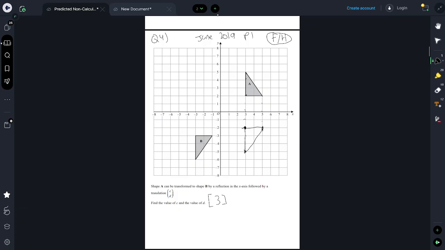But then it says it's followed by a translation. So now we need to translate this into this triangle B here. Okay, so let's have a look. A translation is essentially how many units you move left to right, and then how many units you move down or up.